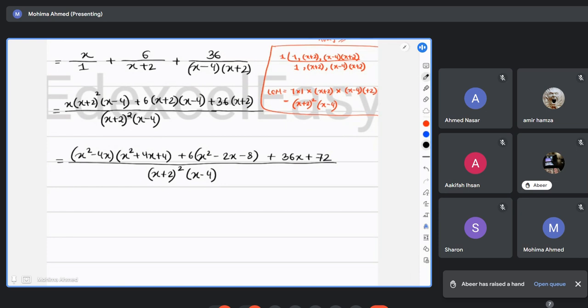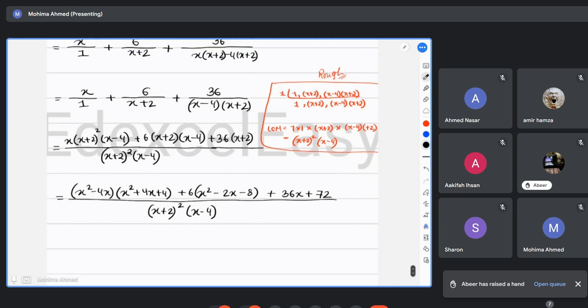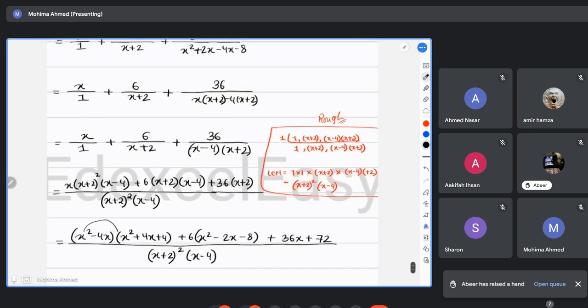Wait 1 minute, please. No, I'm sorry. Actually, there's a mistake. Because in this part, the term comes out to be x power 4.